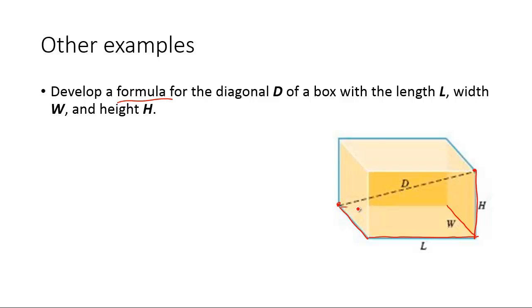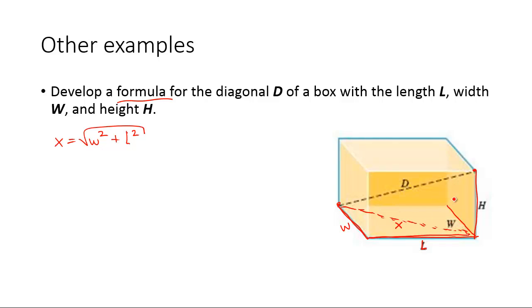So you could consider this bottom triangle here of width and length. So you could find, let's call this diagonal x, you could find that x, and that would be w squared plus length squared square rooted, right, by the Pythagorean theorem.